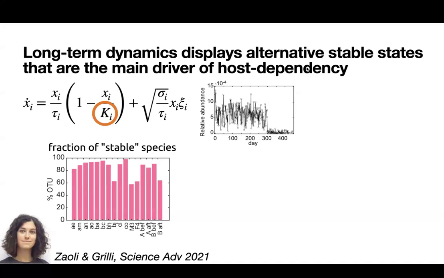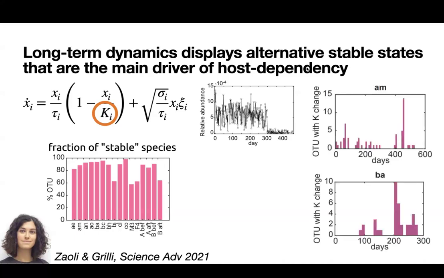Most of the species are stable, and this plot shows the fraction of species that are stable. Most of them are stable, but there is a small minority which is unstable, and this small minority tends to shift in abundance around specific days, suggesting that there are transitions in their abundance.